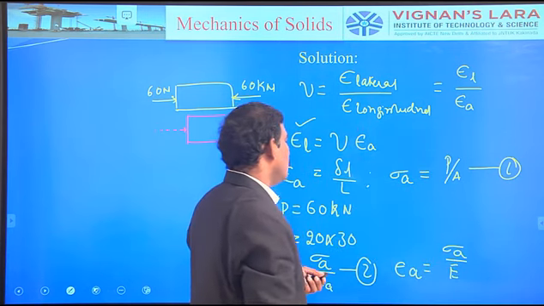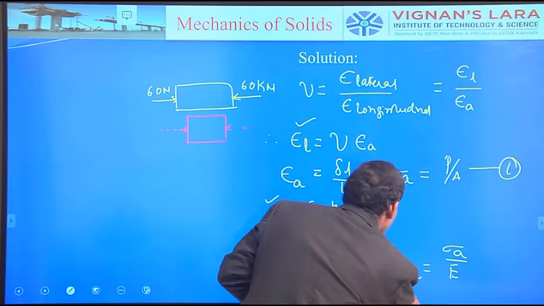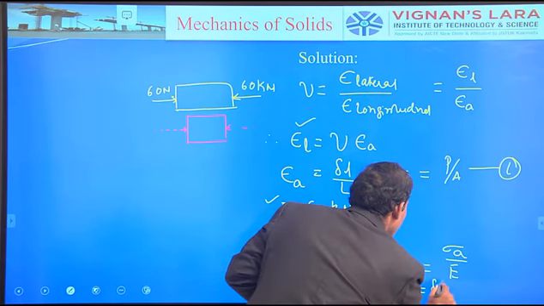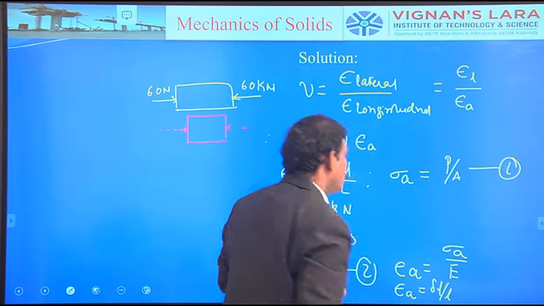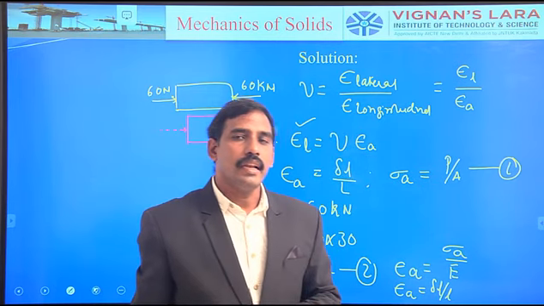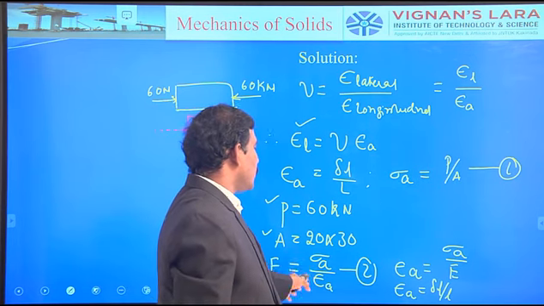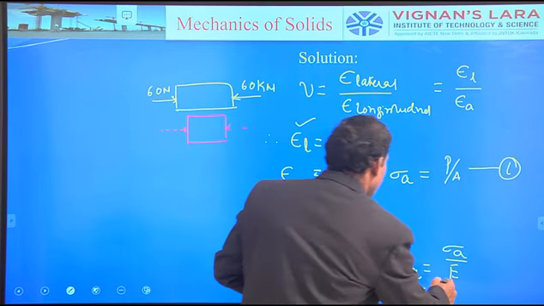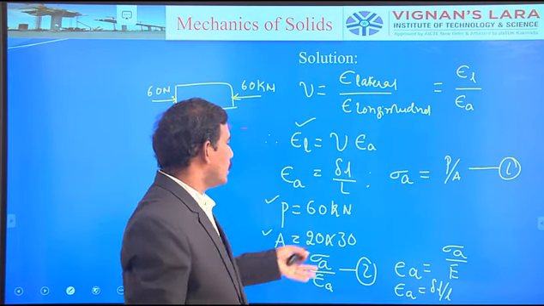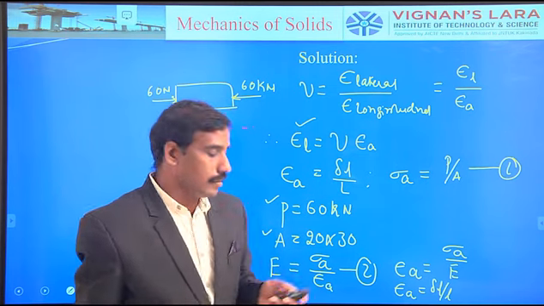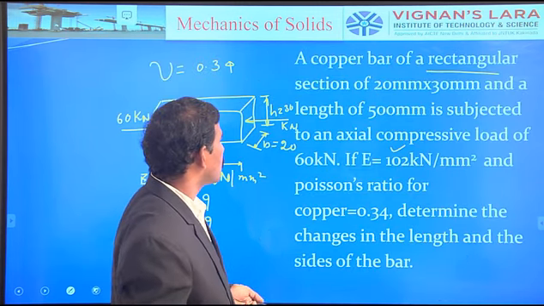Again, we know the strain epsilon A is equal to delta L by L. From this, you can calculate sigma A, and from that you can calculate delta L. Why? What we have to calculate?